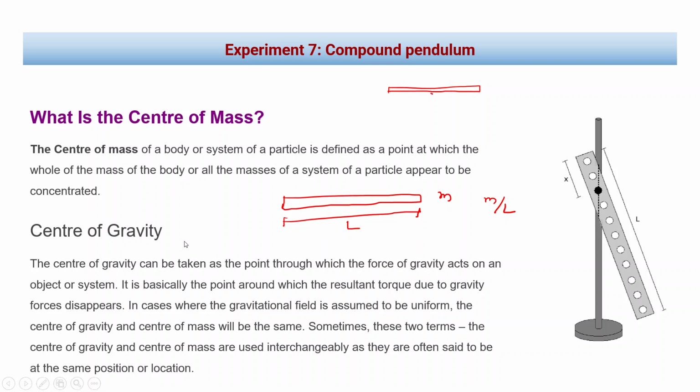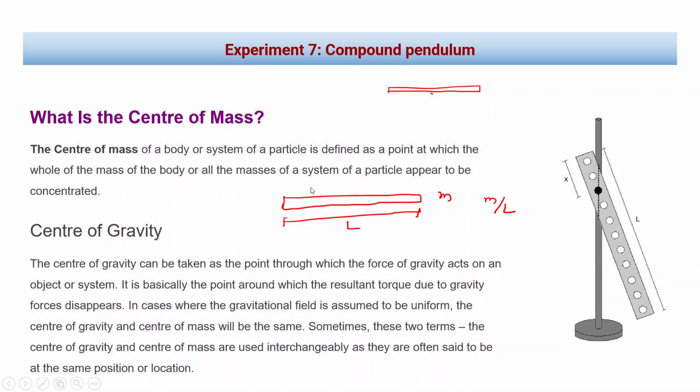Similarly, center of gravity is also a term. Most of the time they are used interchangeably, because center of gravity is a point in the system or in the body from where the force of gravity acts on the system. If the gravity is the same, then the center of mass and center of gravity coincide. They are at the same position, so we can use both of these terms interchangeably.